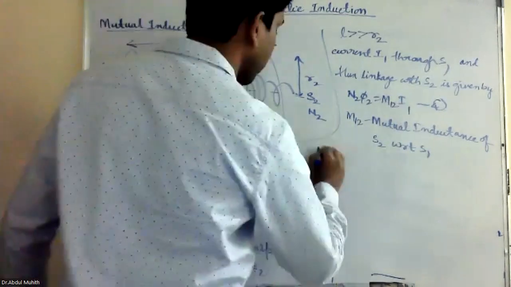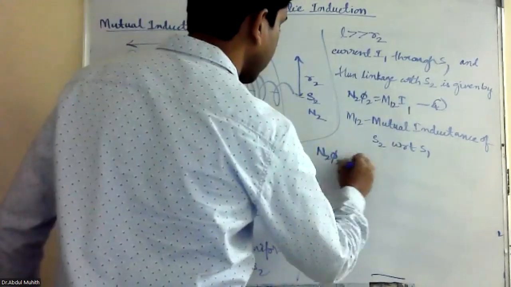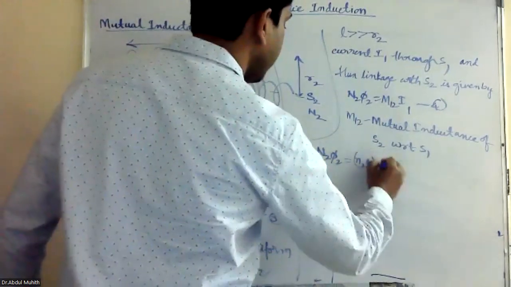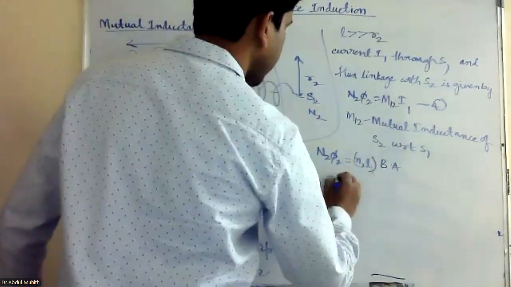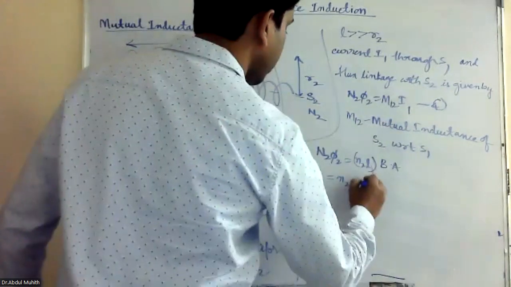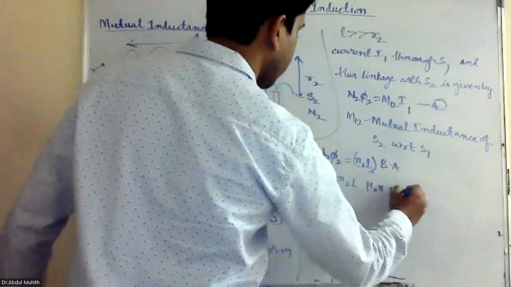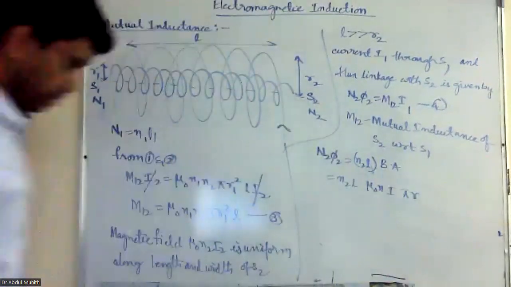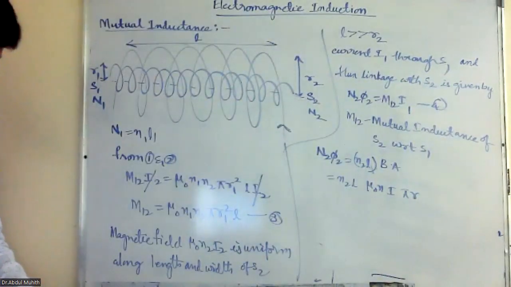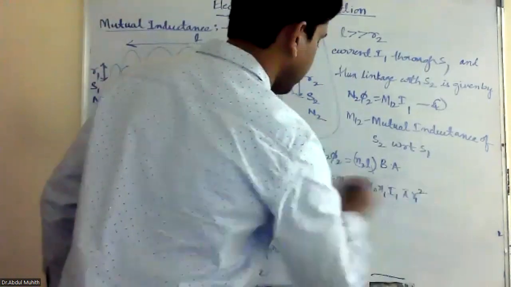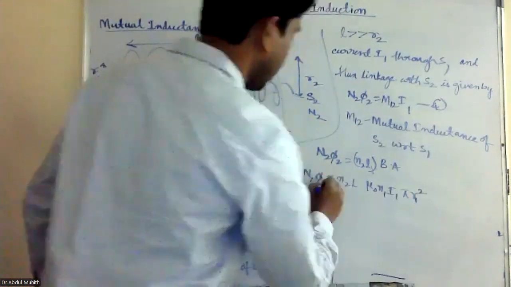N2 into phi2, which is B dot A. So we can write N2 into mu 0 N1 I1 into pi R1 square. This is the second formula.